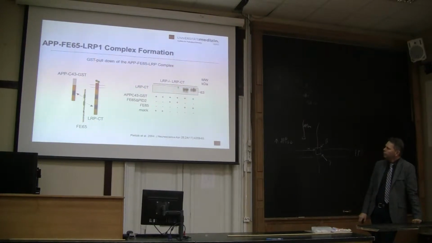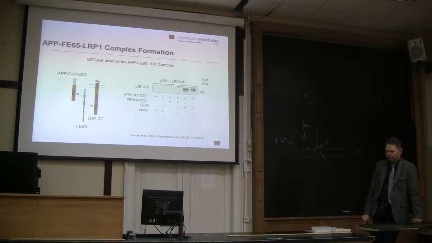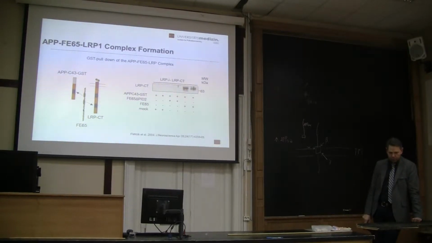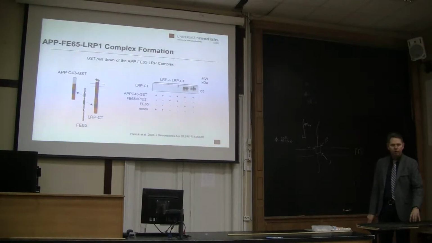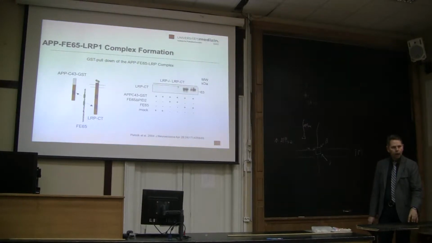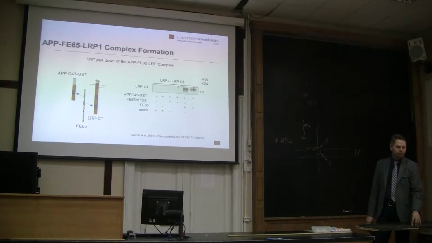And here we tried to come up with an approach to show that APP binds to LRP through a third protein. And if you think of it, it took us a while, when we started, I don't know, in 2000 or something, to come up with an idea how to show, on a very easy biochemical level, we had no fancy machines or anything, how three proteins directly build a complex.